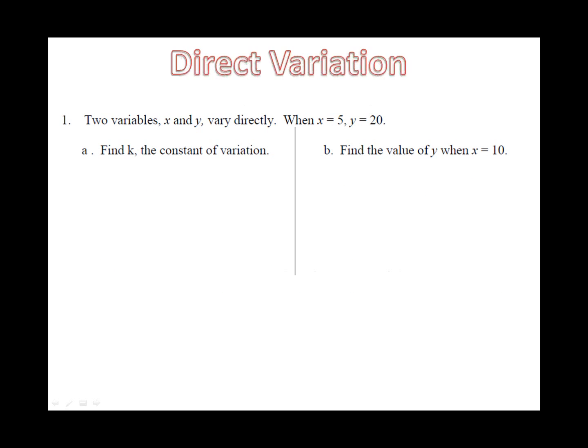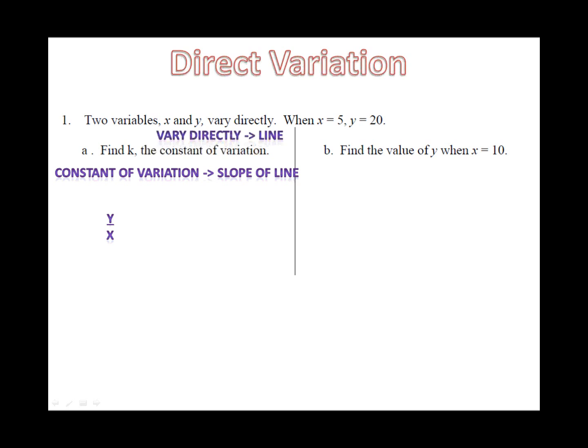In our first example, we have two variables, x and y, and it says that they vary directly. They say when x equals 5, y equals 20. First thing they want us to do is find the constant of variation. Well, it's useful to know that when it says they vary directly, it means we have a line. The constant of variation is really just the slope of the line.